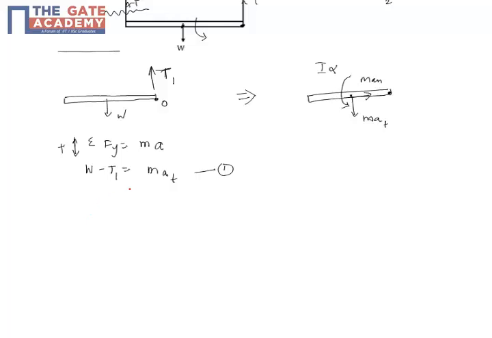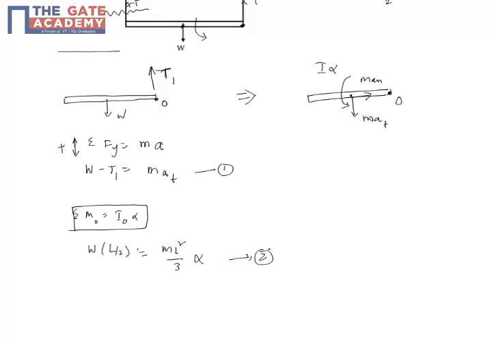Another thing is, we can write sigma M_O equals I alpha. We can write this about the center of mass or about the fixed end. So we write about O. The summation of moments from the left picture: W into L by 2, this is the anti-clockwise moment, there is no other force, equals I_O alpha. I_O is the mass moment of inertia about one end of the rod, so mL square by 3 into alpha.